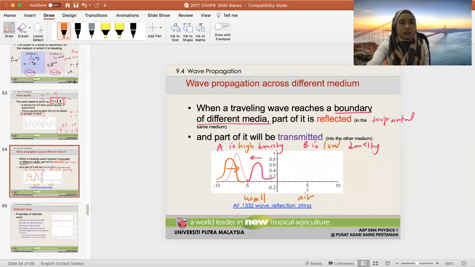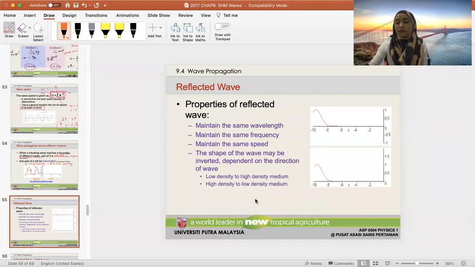So what are the properties of the reflection? The wave that is reflected maintains the same wavelength, the same frequency, and the same speed. What changes is only the shape. When does it become inverse?